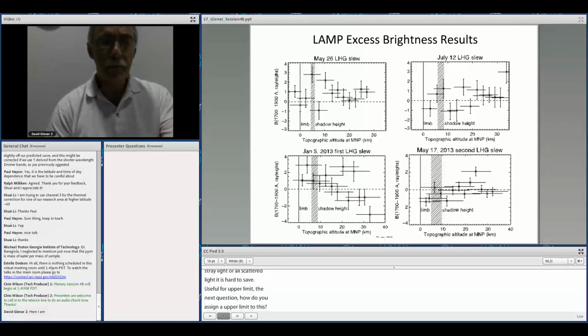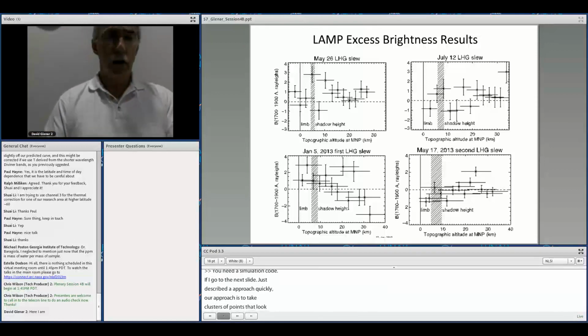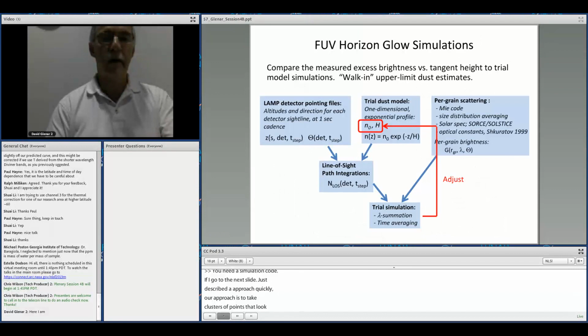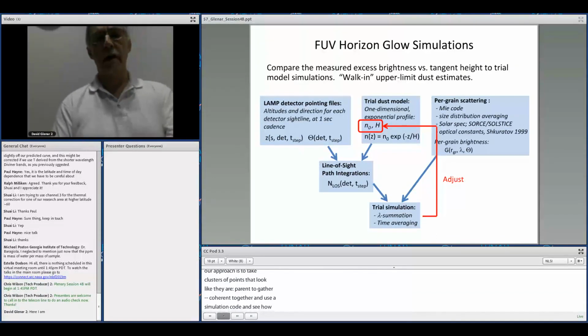If I go to the next slide, I'll just describe the approach quickly. Our approach is to take clusters of points that look like they're coherent and together, and use a simulation code, put that model into the code, and then see how much dust that corresponds to. This is a quick overview of how the simulations work.